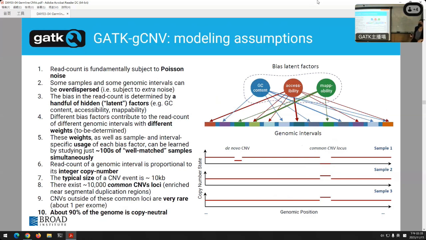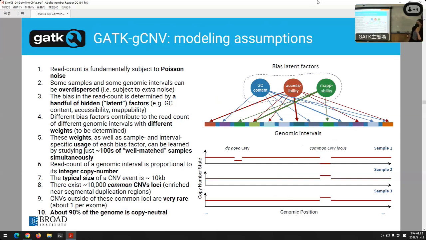Okay, and for each of those different bias factors, they can influence the read count in different samples and in different genomic intervals with different weights. And we can learn those weights by looking at the patterns of variation across many samples and many intervals at one time.